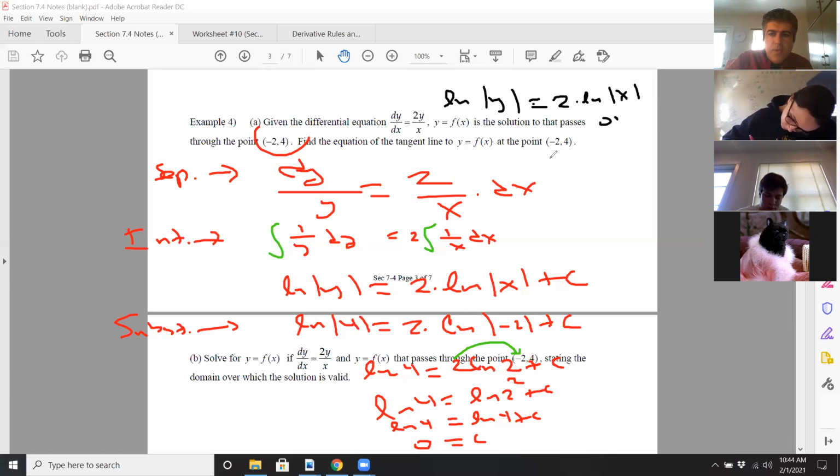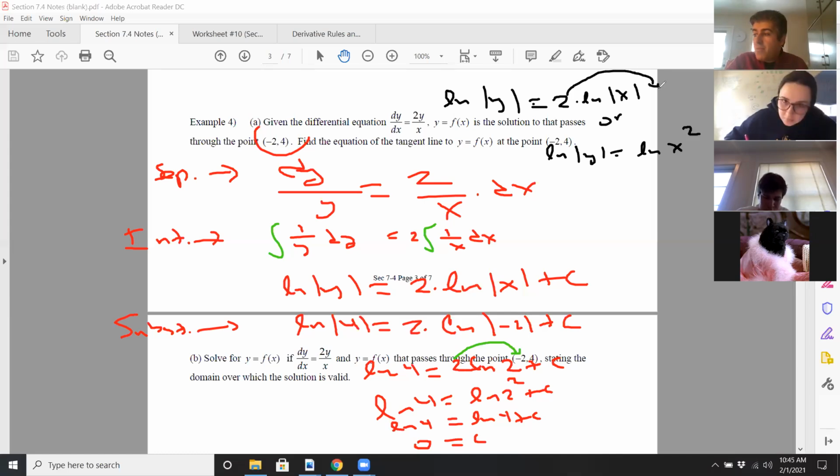Or I could say natural log of y equals natural log of x squared, because you can move the 2 to the back. And you can lose the absolute value because you are squaring x. So you actually really don't need it anymore.